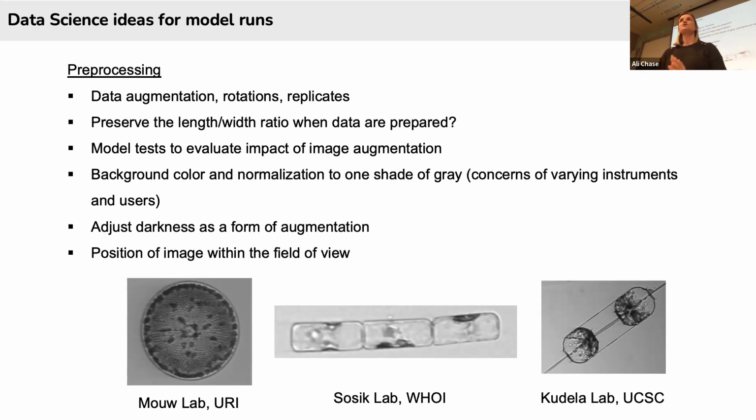Also background color and normalization. The data that we're currently using is all from one IFCB, although even within one instrument, there can be differences across expeditions depending on the settings of the instrument. But there are quite a few researchers who collect IFCB data or even open ocean continuous IFCB data. And so I just added a few images to this slide of some other researchers with IFCBs.